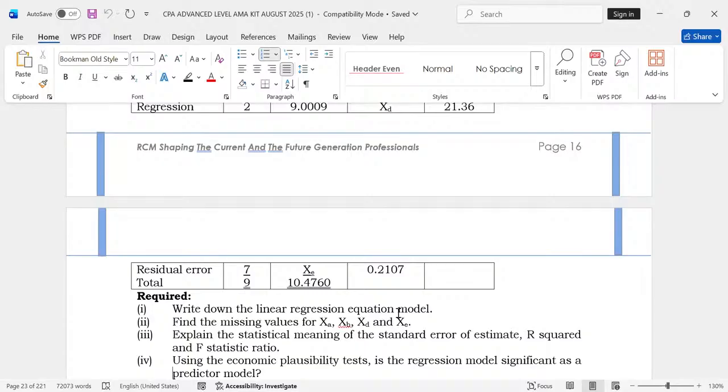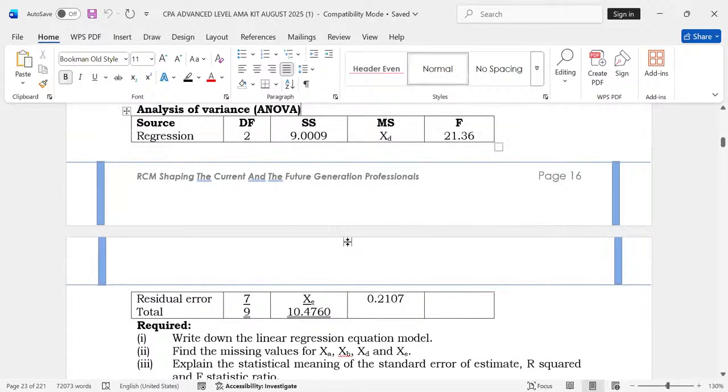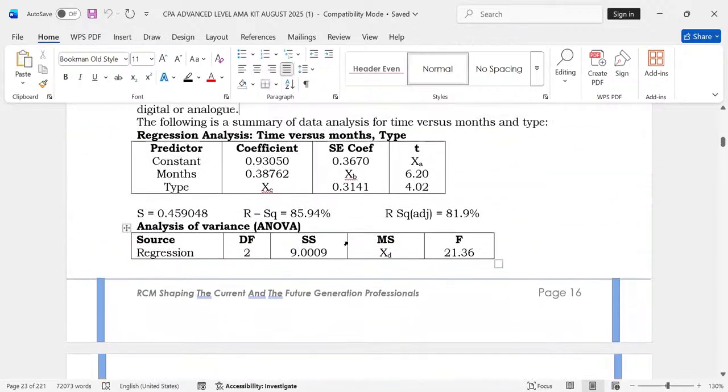So if it is a regression equation, I know I'm going to use the coefficients. These ones here, isn't it? Yeah, the coefficients. So these are the two predictor variables. So my y will be a plus b1 x1 plus b2 x2.